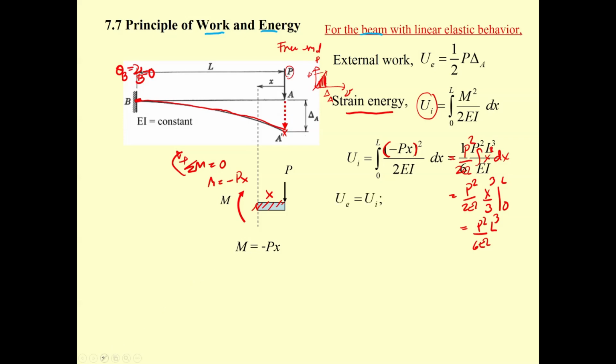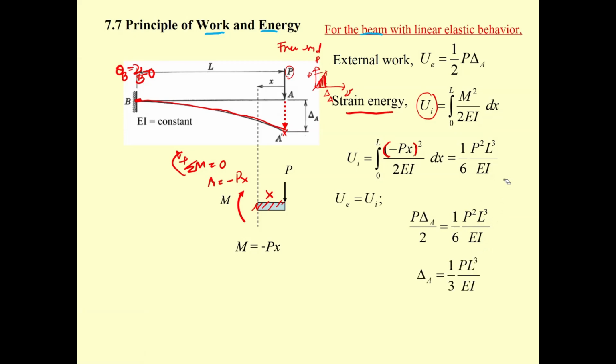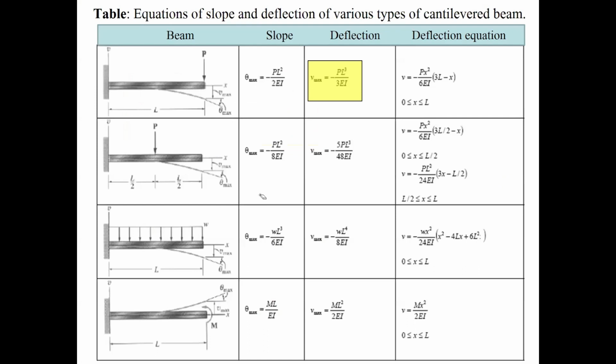Now when you get this result, it must be equal to the external work. Just put them together, and you get the result of PL cubed over 3EI for the deflection. And go back to this one: this is the same result as from the deflection table.